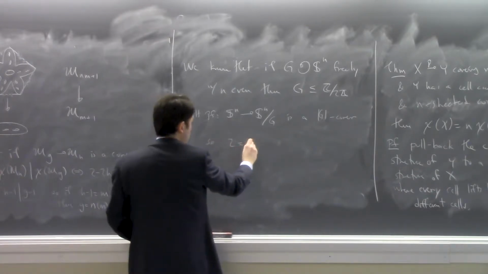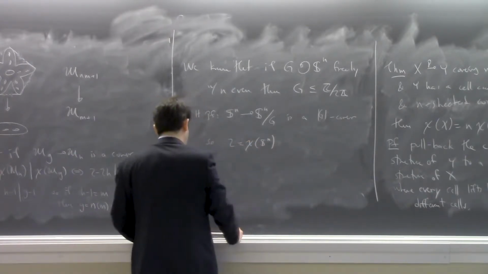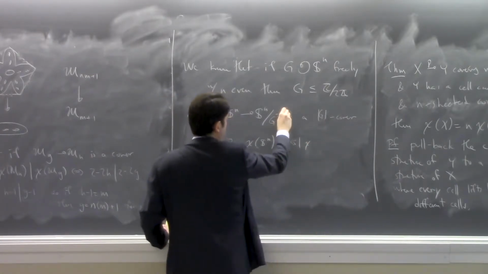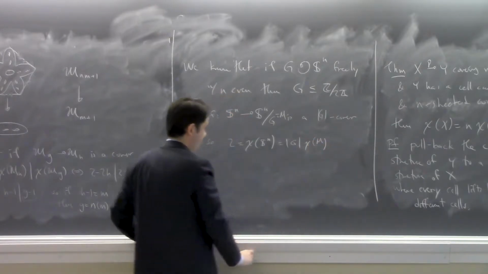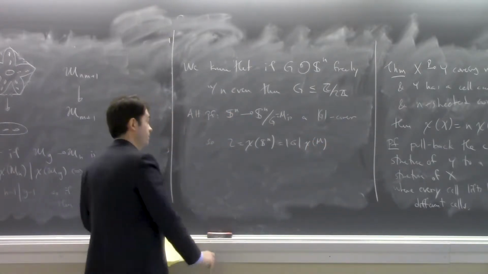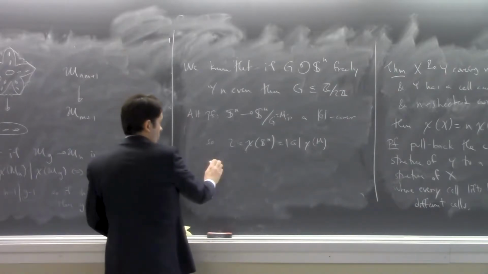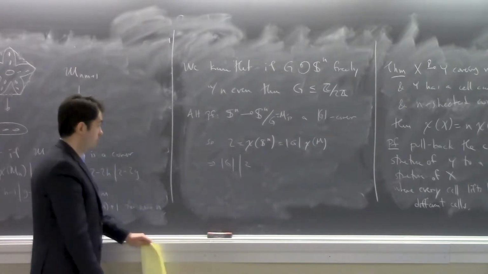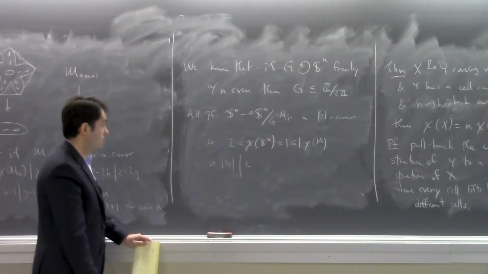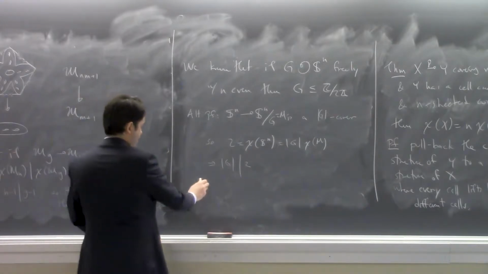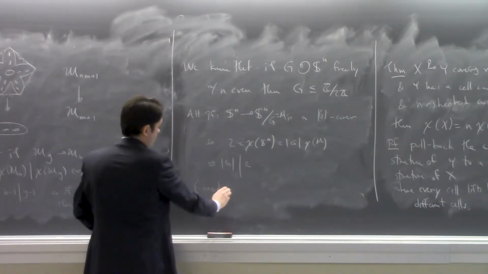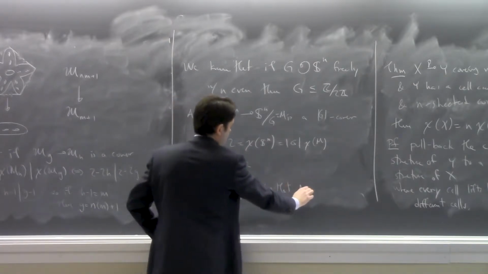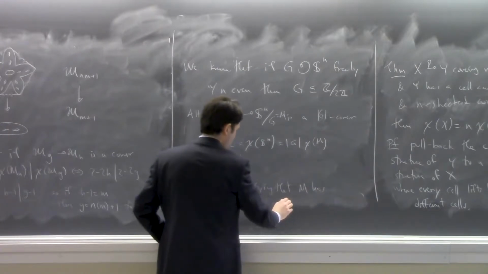So 2, which is the Euler characteristic of Sn, has to be equal to the size of G times, call that M, chi of M. Wonderful. So the size of G has to divide 2. Of course, this works modulo justifying that M has a cell complex structure.